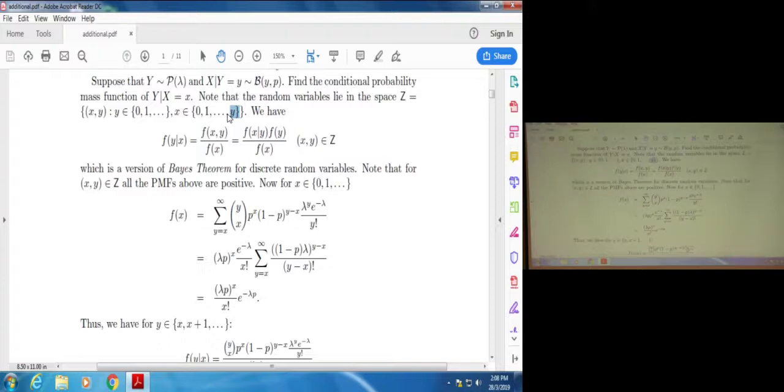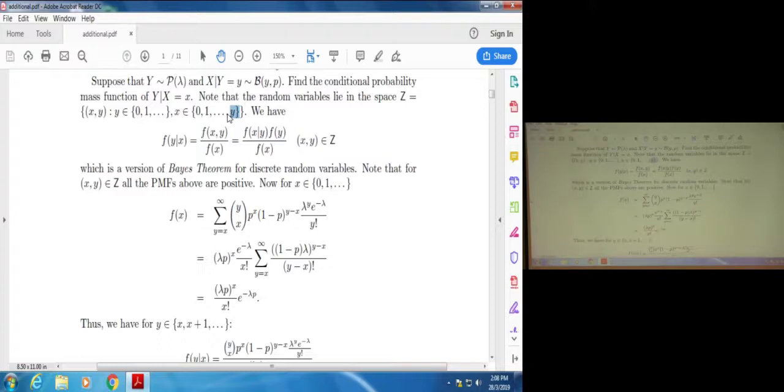I take lambda times p to the power x, e to the minus lambda.